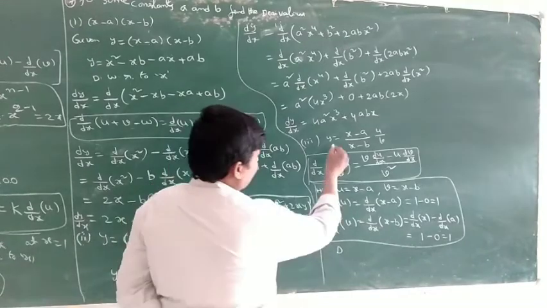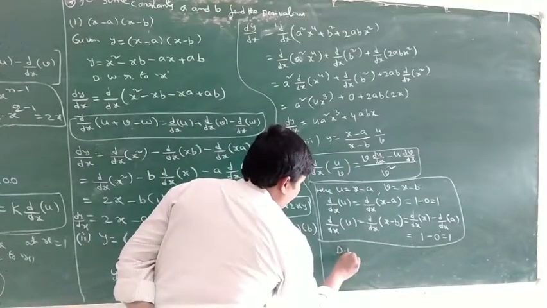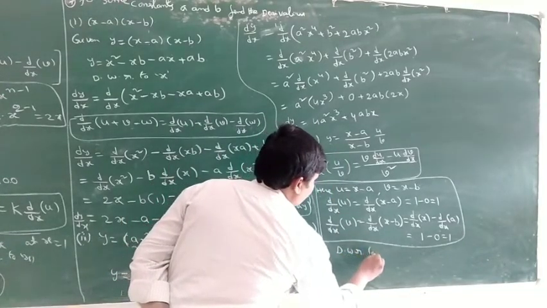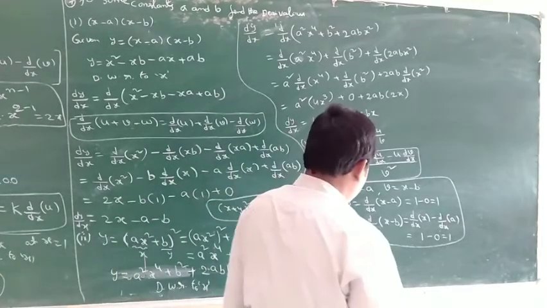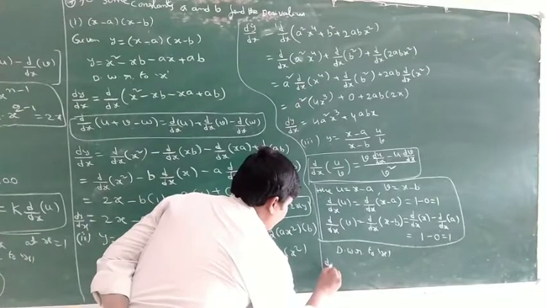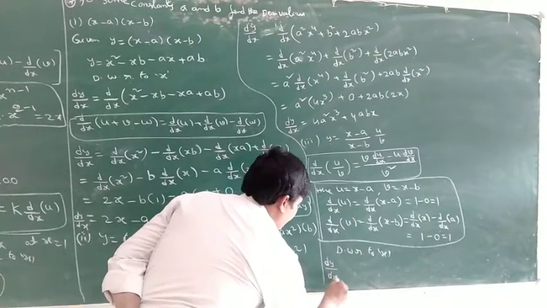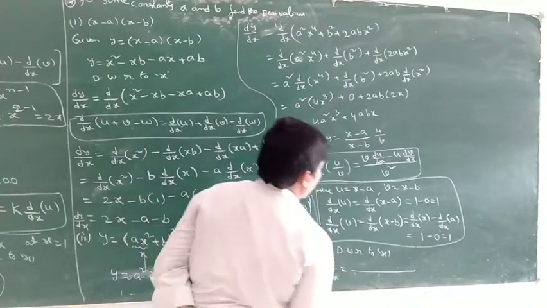So now y is equal to the u by v formula; differentiate with respect to x. dy/dx is equal to v² in the denominator.